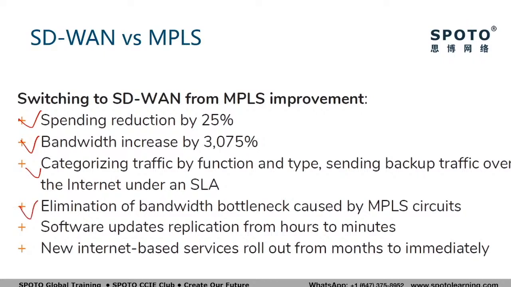Elimination of bandwidth bottleneck caused by MPLS circuits. As we mentioned, internet circuits are faster and faster, cheaper and cheaper. Software updates, replication from hours to minutes. Of course, with the significant bandwidth bump up, you can replicate a significant amount of data through the public internet from hours to minutes.